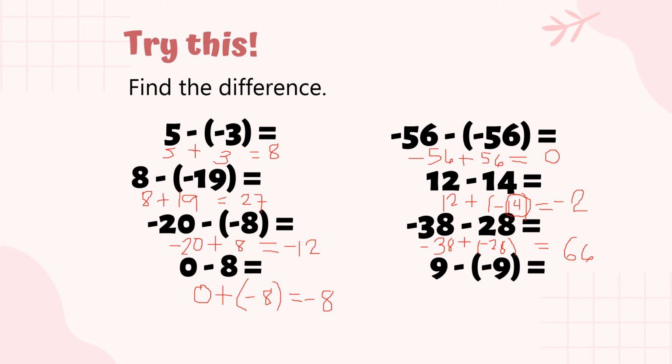The common sign, they are both negative, so the result will become negative 66. So, negative 38 minus 28 equals negative 66. Next, 9 minus negative 9. So, copy the minuend, proceed to addition. Negative 9 will become positive 9. So, proceed to the rules of addition. So, 9 plus 9 is positive 18. So, that's it. That is how you subtract integers.